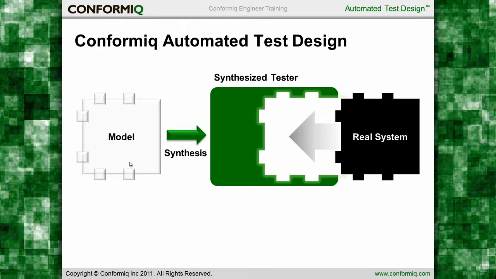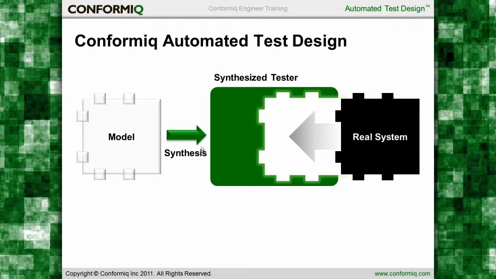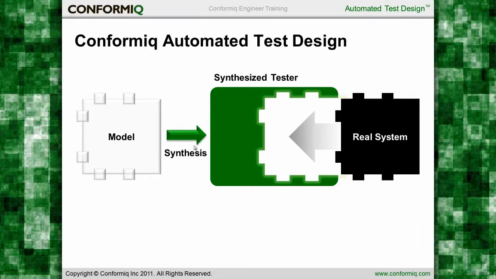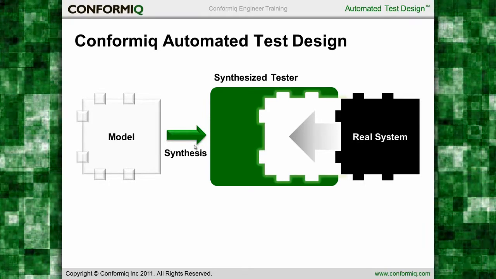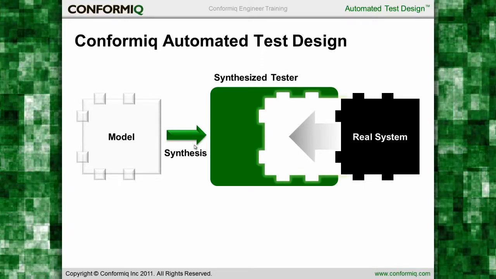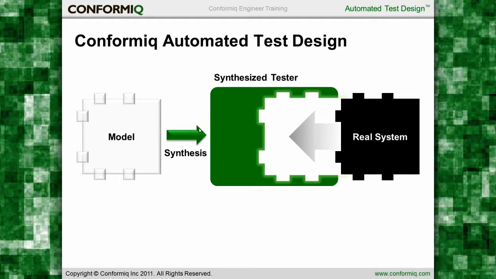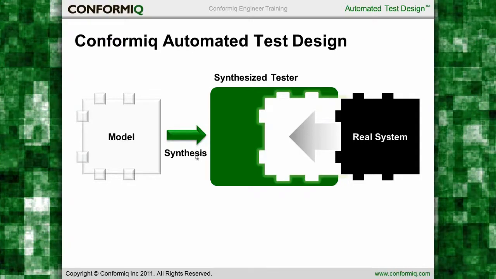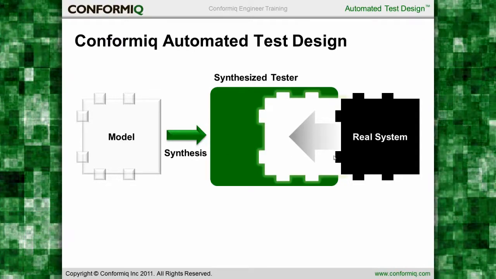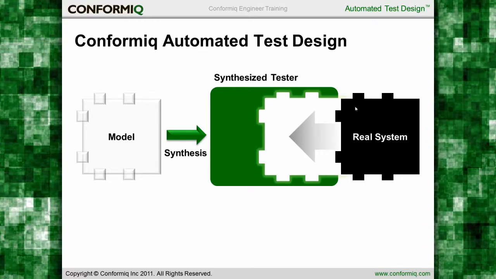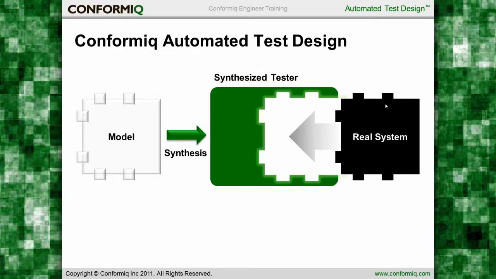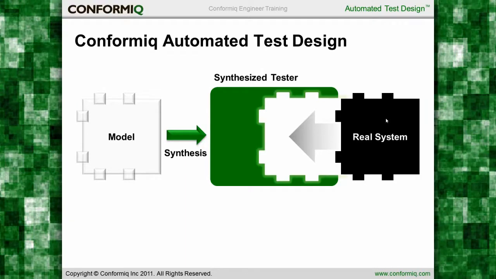And then Conformiq Designer takes the model and synthesizes a tester around the real system. So it does exactly the same thing as a human would do, given the same human readable specification. It generates test cases which first send something into this interface of the real system, then they expect something out of this interface, then put something into this interface, and so on.